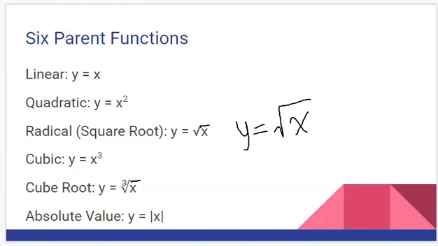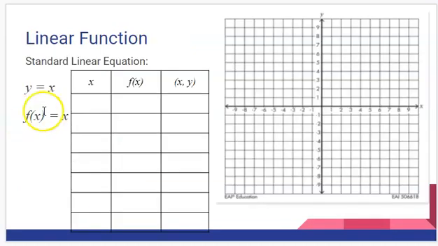So starting off with the first one, which is a linear function. Here's our linear function. So I have the form y equals x, or I like to say f of x equals x. It's the same thing.